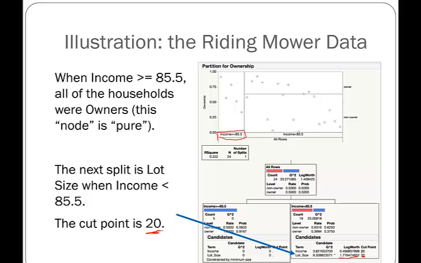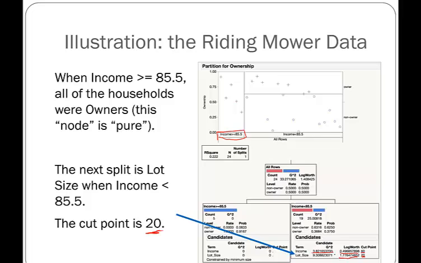And if we were to do that, JMP is telling us that 60 would be the best place to do that, but the candidate G squared and log worth both are smaller than what we have for lot size. So that tells us that lot size cut at 20 should be our next cut point.